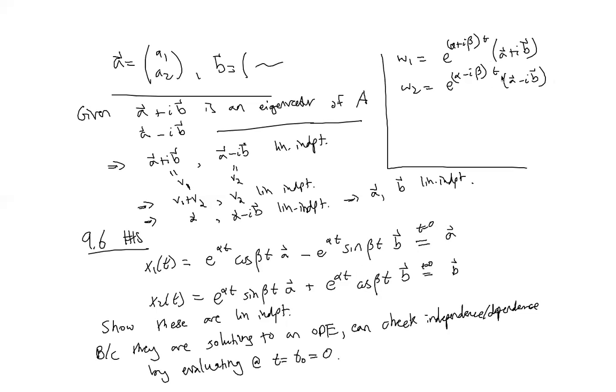Then I would show that these are independent because x1 and x2 are just linear combinations of W1 and W2. So that's what I would do. But this one's a little weird, I guess. I don't know.